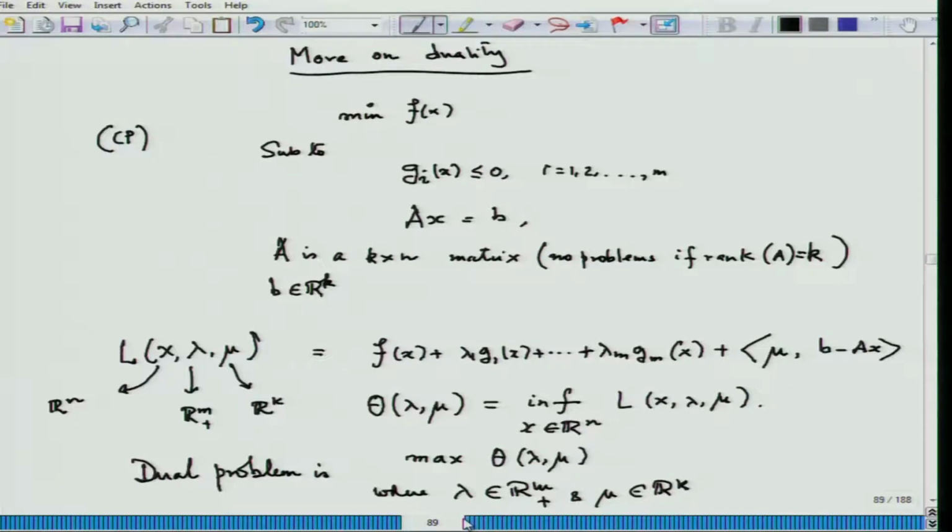For the standard LP problem I have Ax equal to b, x greater than or equal to 0, which can be posed as minus x less than or equal to 0, and f(x) is nothing but c transpose x, and the Slater condition in that case automatically holds. Since A is taken to be full rank, we can automatically get the optimality conditions following this.